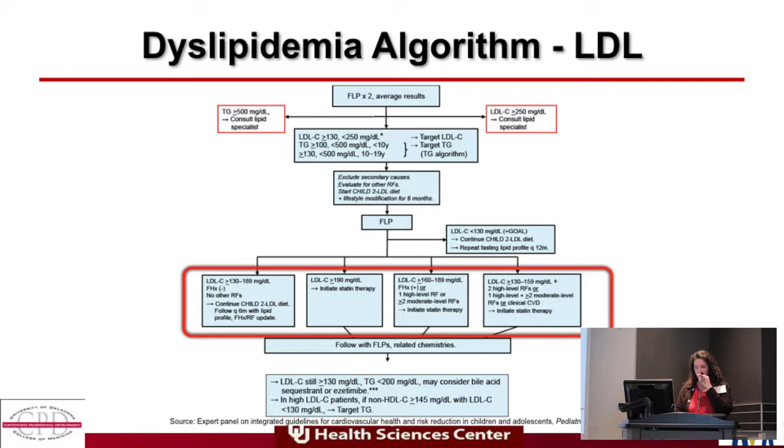If it's abnormal, greater than or equal to 130, then at that point you're going to be doing dietary management. You also want to rule out secondary causes of hyperlipidemia, like hypothyroidism and medications, but a lot of the kids aren't on these medications. So you're going to do intensive lifestyle management.